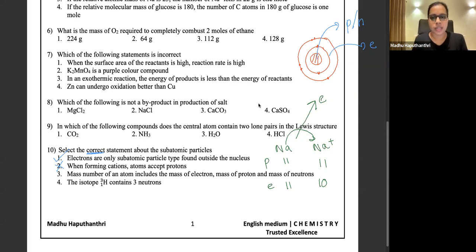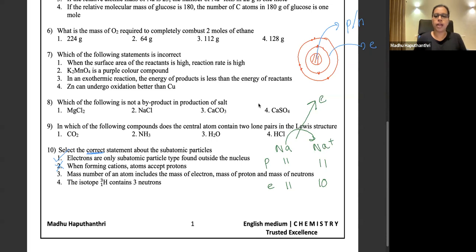So the simple idea is that chemical reactions always involve just electrons. The nucleus is not participating. The nucleus participates in nuclear reactions, which are not for your syllabus. So we have to discuss the chemical reactions. They involve only electrons, maybe releasing electrons, maybe accepting electrons, maybe sharing electrons.